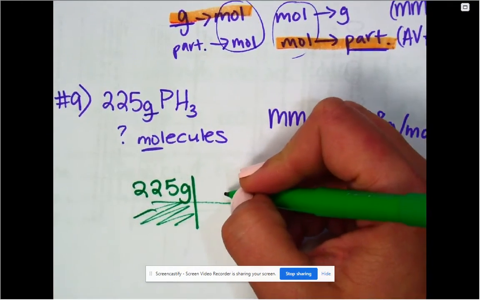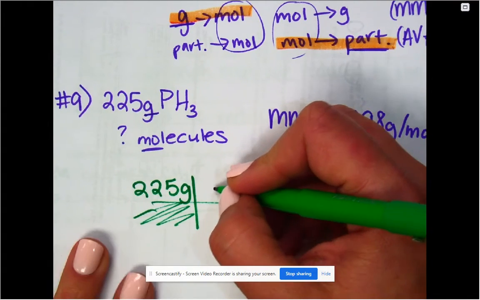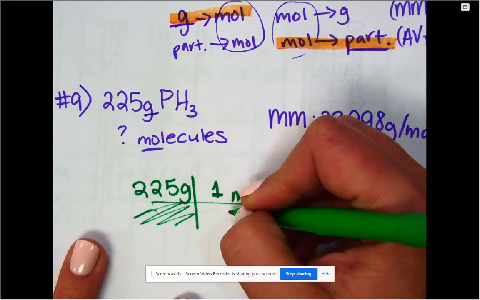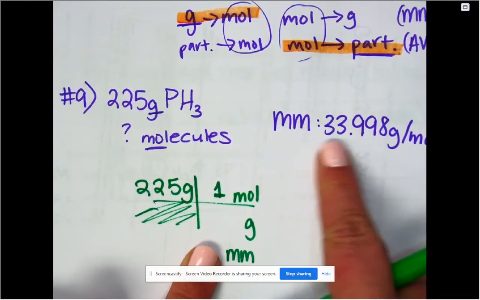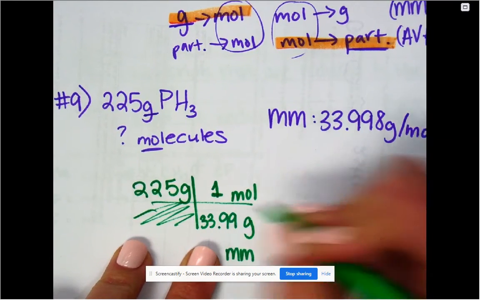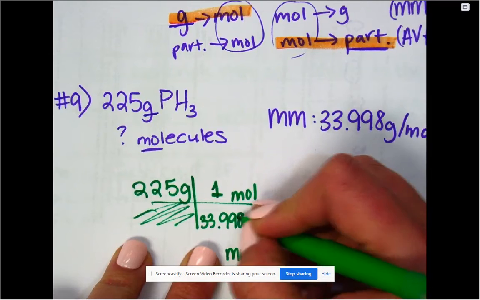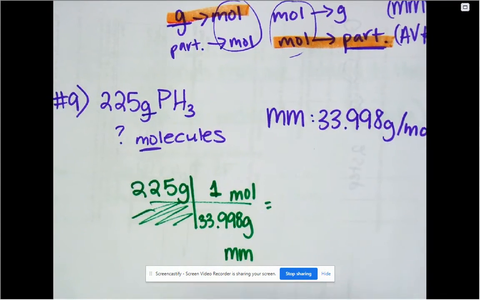Right here, the 1 always has to be with something. So it's always with the word mole. So the 1 would be on top. The molar mass would be what's on the bottom. So the molar mass that was given to us in the problem was 33.998.